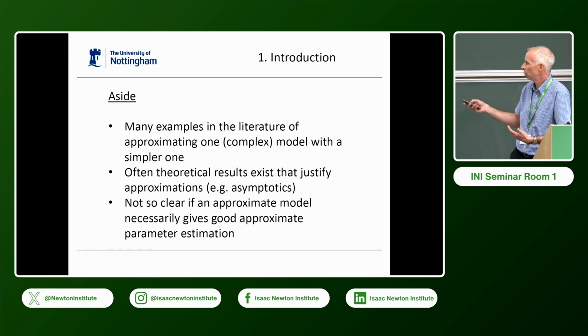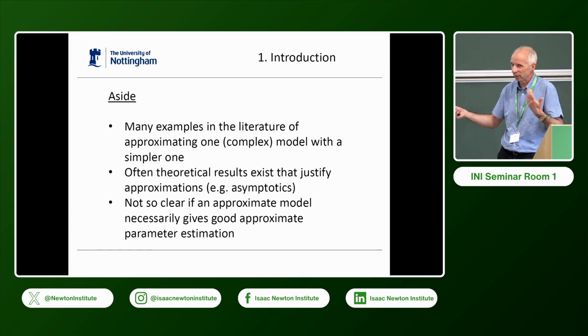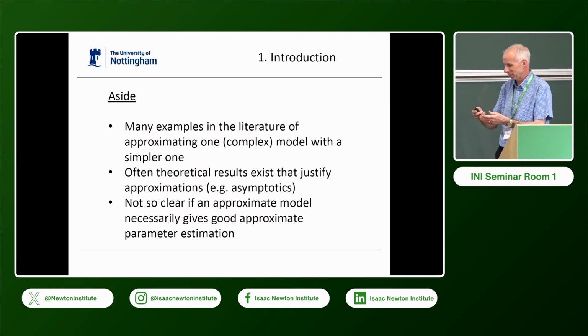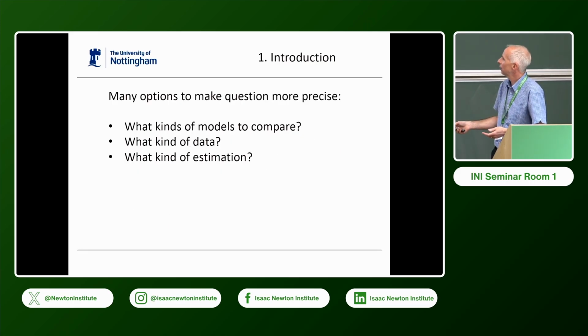But what's not so clear in the literature, at least from what I've seen, is that just because the models happen to be similar doesn't mean that the estimates are. I imagine you could construct very weird examples where the estimation is terrible, but the models look very similar. So this is the kind of idea that I have in mind to think about.